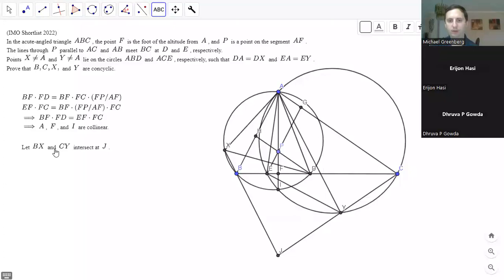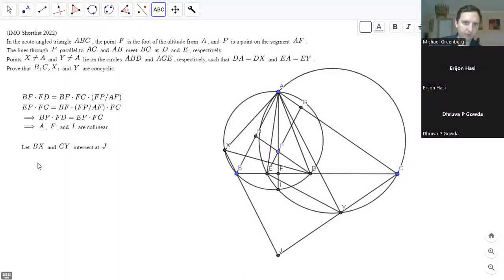So that should just be an angle chase, because angle JBD is angle XAD, which is angle DXA, which is angle DBA. So I'm just going to write that out on paper first. So JBA is XAD, which is AXD, which is ABD.